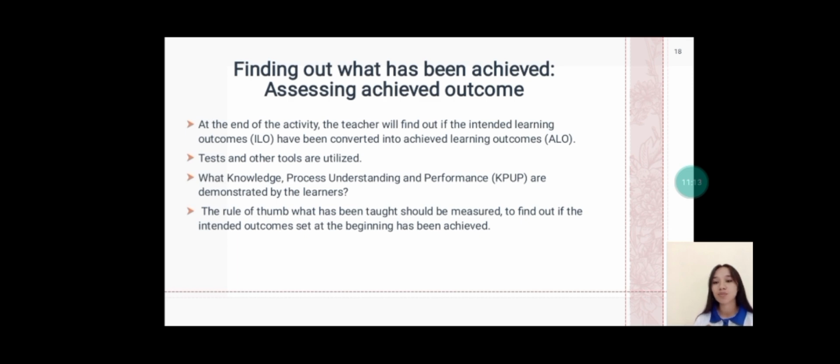What knowledge, process, understanding, and performance are demonstrated by the learners. So, did the learners change their behavior? Like that. So, basing on the evaluation findings, teachers can adjust their teaching methods, materials, and activities to better support student learning.